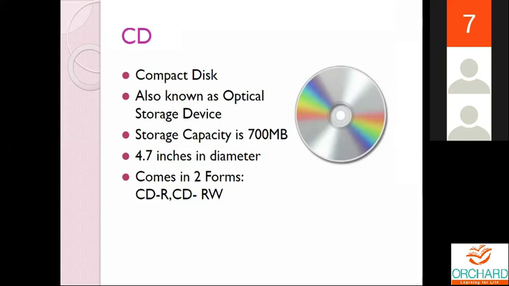That is called CDR, that is, CD recordable. CDRW, in the sense, is rewritable, which can be written many times as we need. We can erase it and again write on it. That is called rewritable.